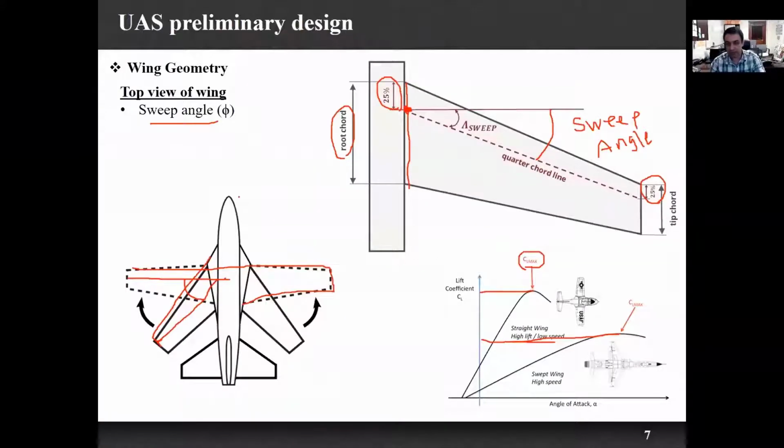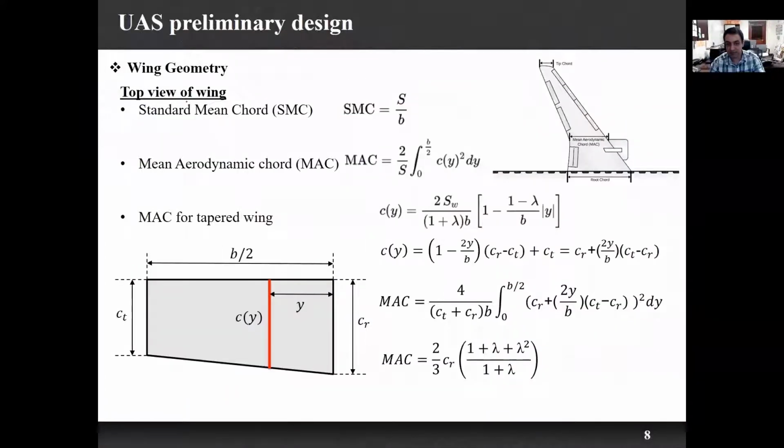So the next parameter that we want to discuss is the standard mean chord, which is actually the average chord length. If we say that this is a root chord and this is a tip chord, we will see that the chord in each section has a different length.